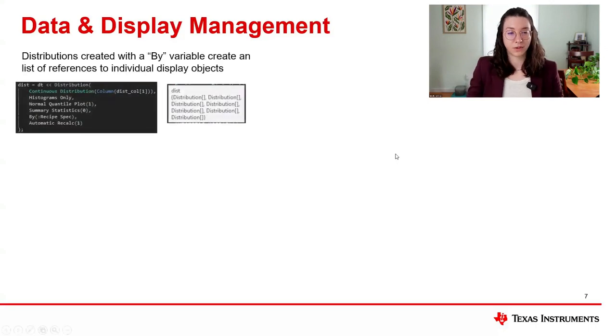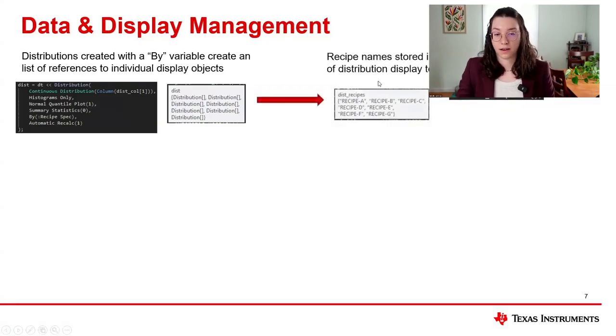So here's my distributions created with a by variable by recipe spec, and you'll see I've named it dist right here. And that actually contains a list of all of the distribution elements that make up this display. Then I have my recipe names stored also in a list which map back directly to these.